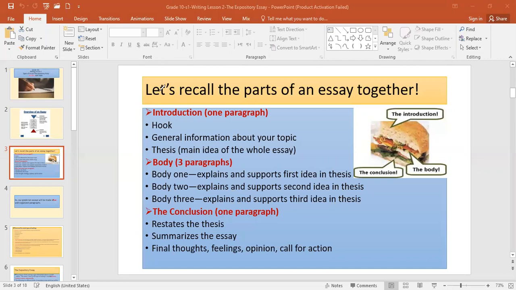So in grade 10, Kamel, how many paragraphs should your essay generally be? 5. Thank you. Not 4, not 6, it is 5. The standard is 5 from now until you reach grade 12. Introduction, 3 body paragraphs, and finally a conclusion.